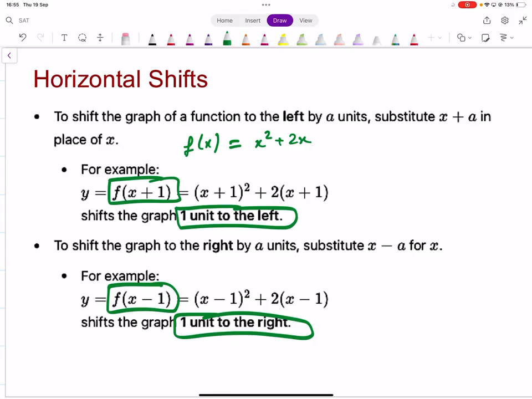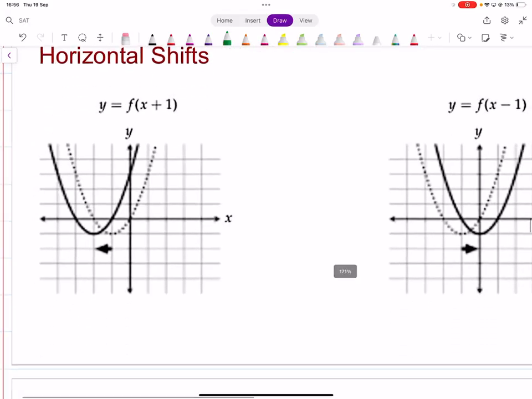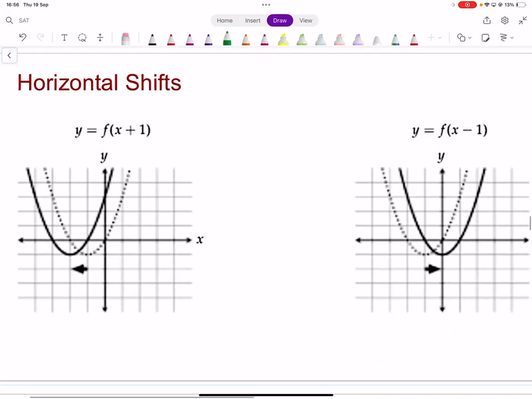All good? Okay. So this is one example of that. F of x plus 1, the dotted one is the original graph. That moves 1 unit to the left. F of x minus 1, the dotted graph moves 1 unit to the right. So if we add something, the graph will go left.